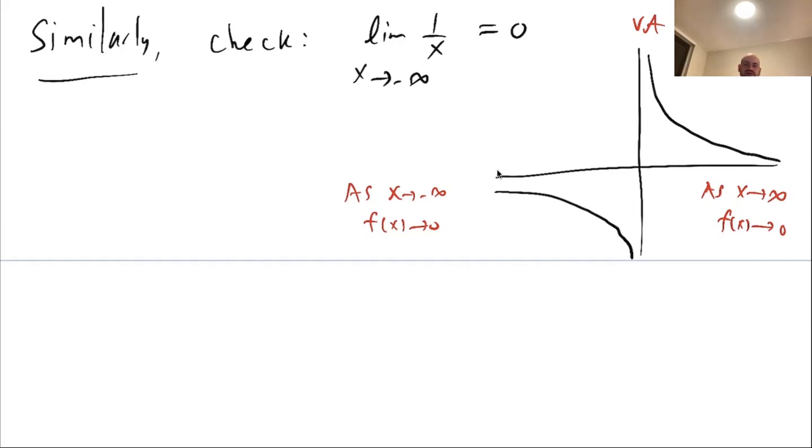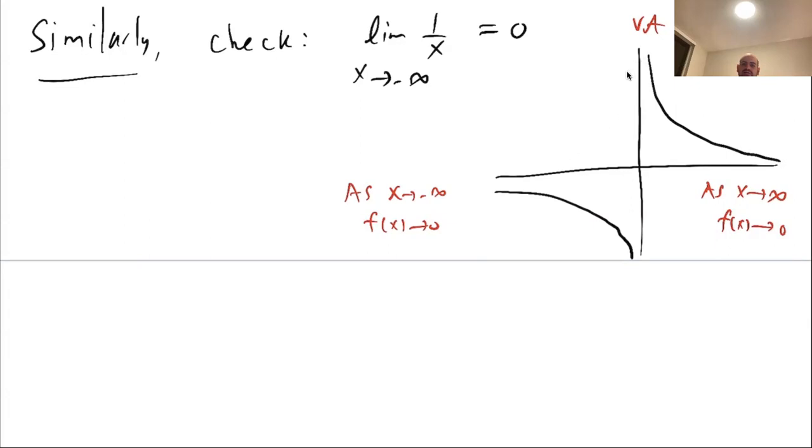Similarly, on the other side, as x values become smaller and smaller, so minus infinity means the very left, again the outputs become very close to 0, so very close to the x-axis.